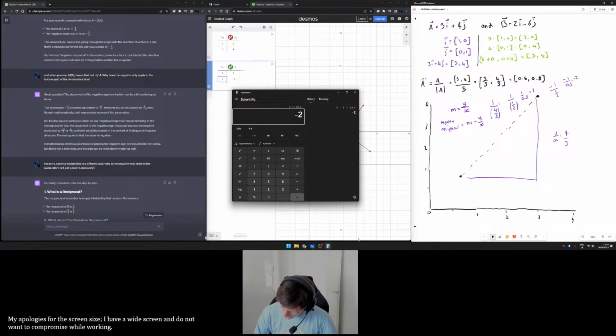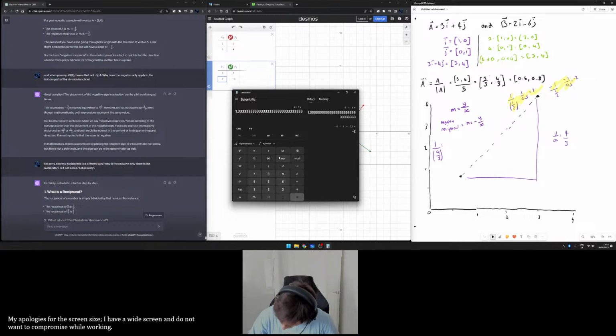Okay, so let's just separate this out a bit. So if we take the 4 over 3, then what's 4 divided by 3? 4 divided by 3 is equal to 1.3.